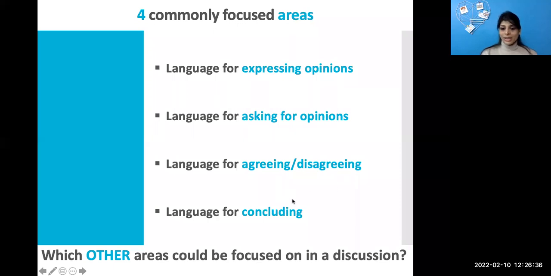Somebody says making suggestions. Brilliant. Language for interruption. Great. Describing. Language for negotiating. Absolutely.